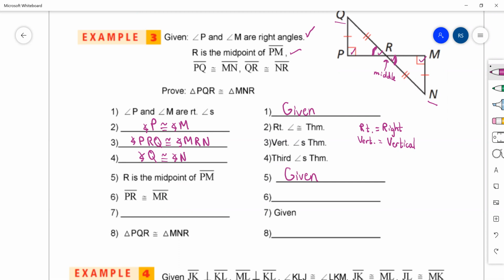That means PR has to be congruent to MR. Why? That's our definition of midpoint. Back in Unit 1, we learned that's the definition of midpoint. If R is the midpoint, then each side's got to be congruent.